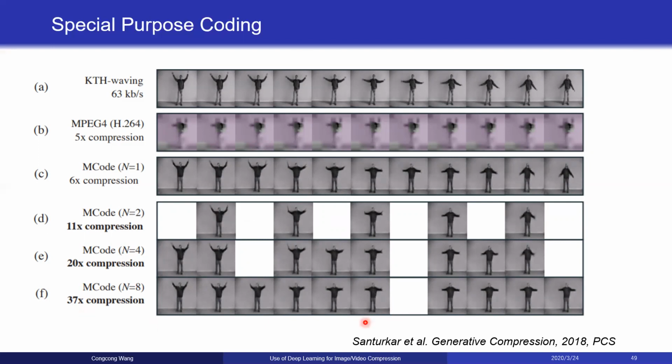All the other frames are generated by this method. So although a lot of frames are generated, they visually have a very nice quality. But still, there's one problem. Compared to the original input frames, they are not the same images.